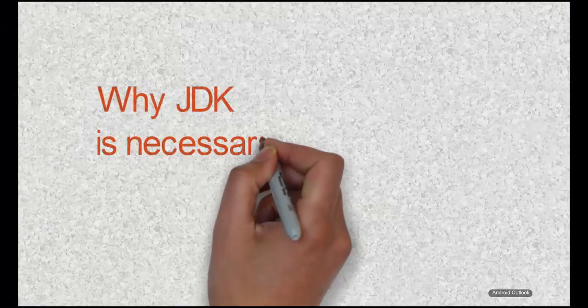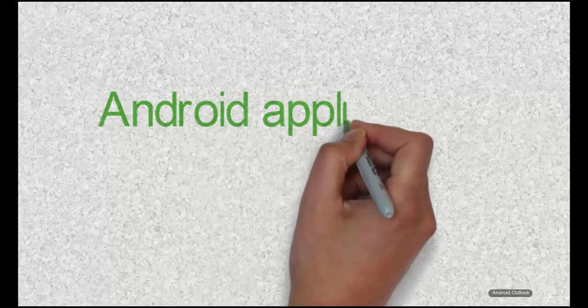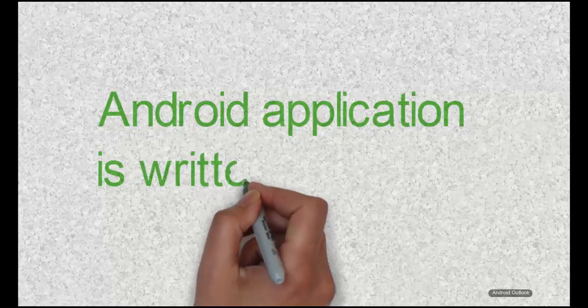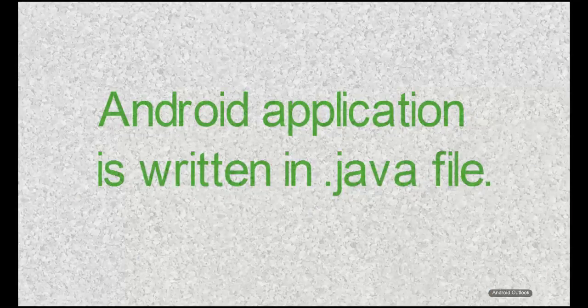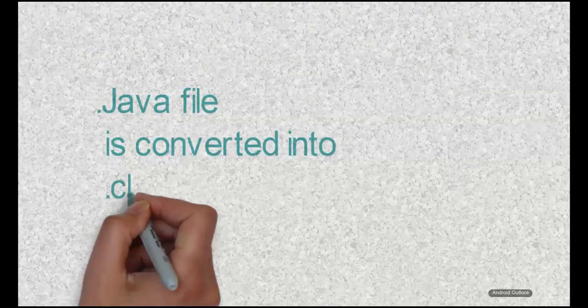Now let's see why JDK is necessary for Android application development. Since Android uses Java as its base programming language, we need to have JDK installed on our computer. Our code for an Android application is written into a .java file, which is compiled by the Java compiler present in the JDK into a class file.